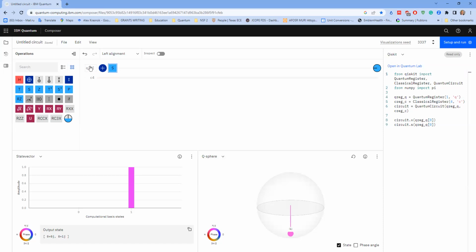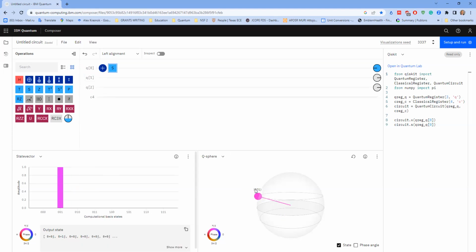But what IBM invented here is the ability to use the same sphere representation, but to represent the state of a 2-qubit system or 3-qubit system, or basically any number of qubits.